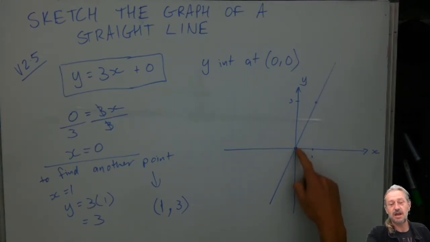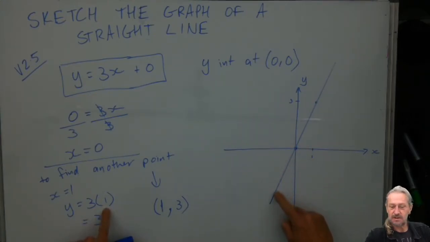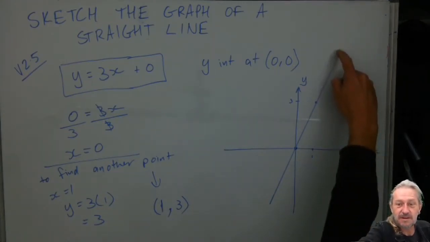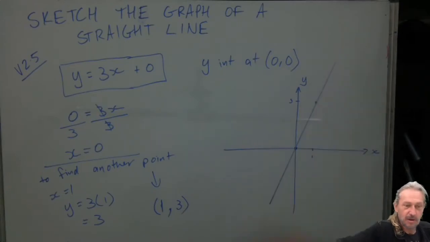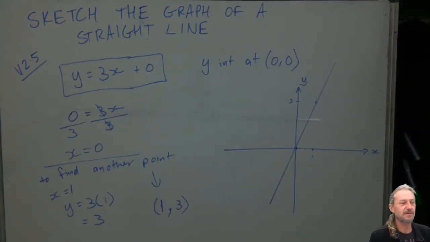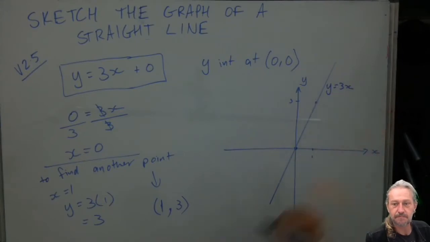If we'd chosen -1, 3 times -1 would have given us a point down here. If we'd chosen x equals 2, it would have given us 6 up here. But as long as we do the maths right, it will still be a point on this y equals 3x line. So let's just label that. Okay.